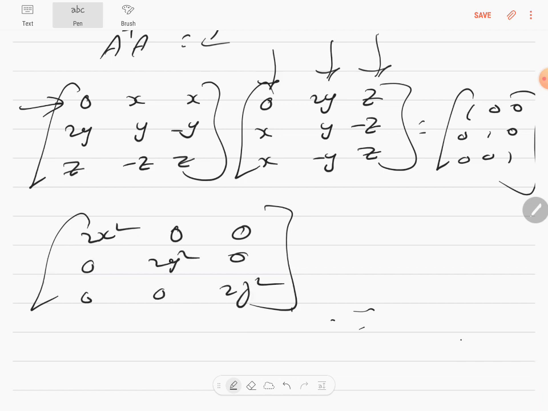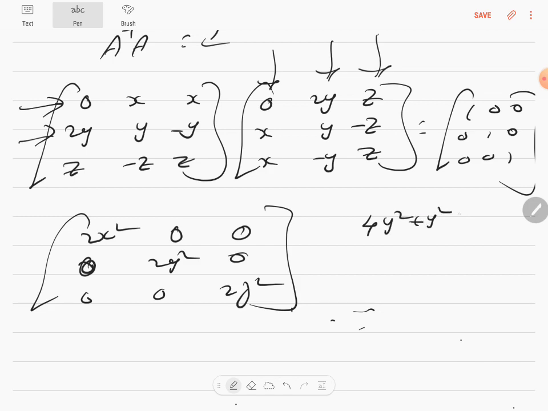You try multiplying the second row, first column: 0, yx minus yx, 0. Second row, second column, what is it?